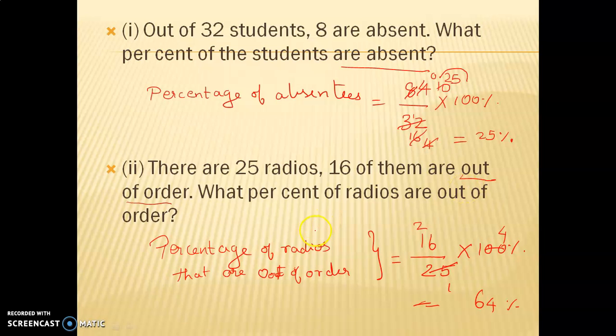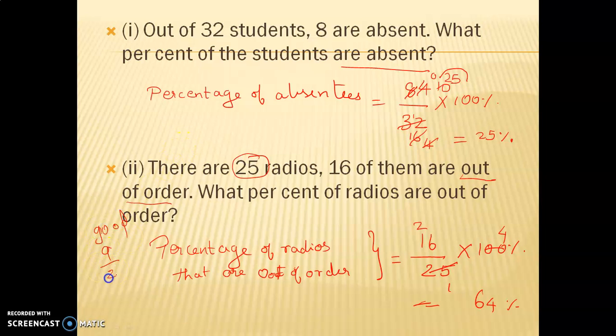But in the exam, it will be a little bit twisted. They may ask you to find what percentage of radios are good. How many of you are not sleeping? Like that. What percentage of radios are not out of order, or they can ask you are good. How many of them are good? 9 out of this 25 are good.